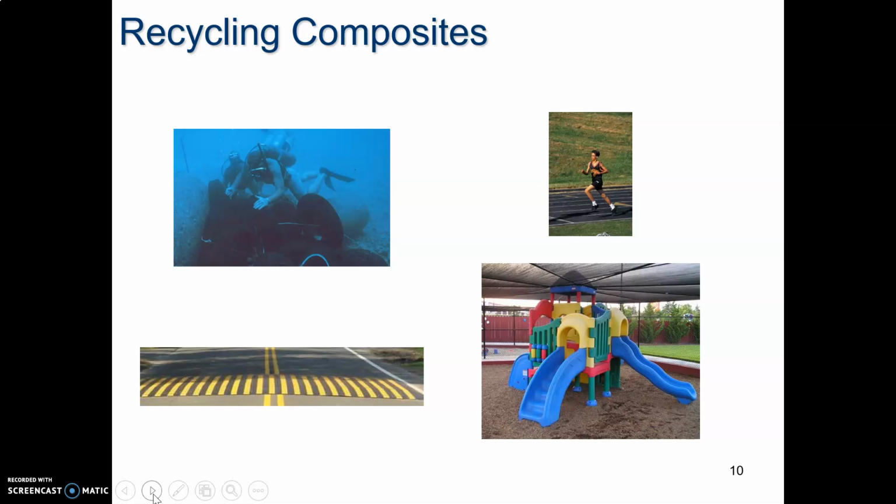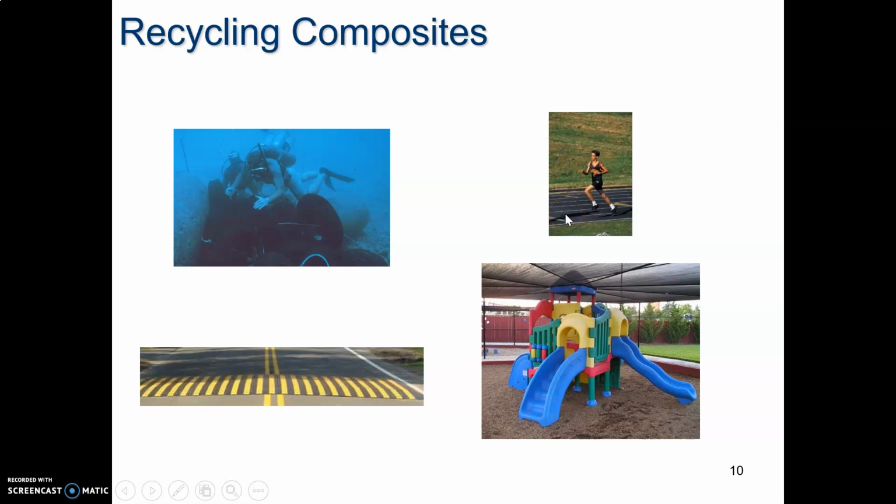And then composites. So these are things that don't fall into one of those other categories. So tires would be an example. So this is an example of tires being recycled, all of these pictures. So this first picture is the bottom of the ocean, where they put tires down in there to build artificial reefs, to kind of replace some of the reefs that have been damaged due to human impact.